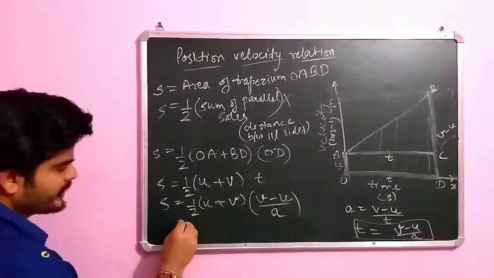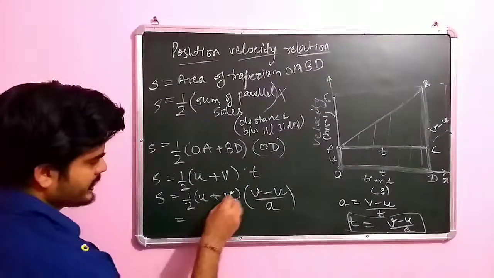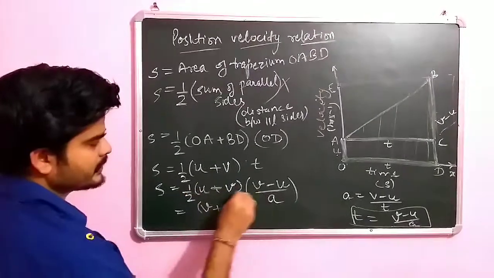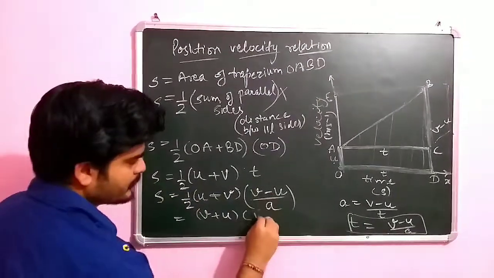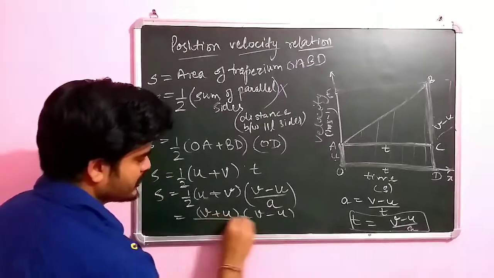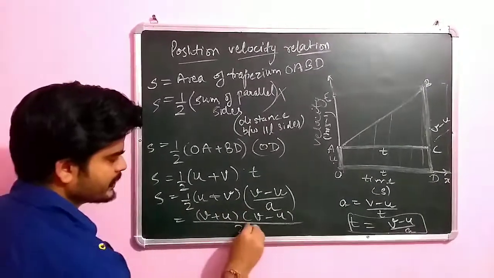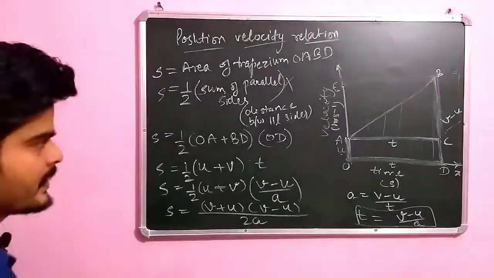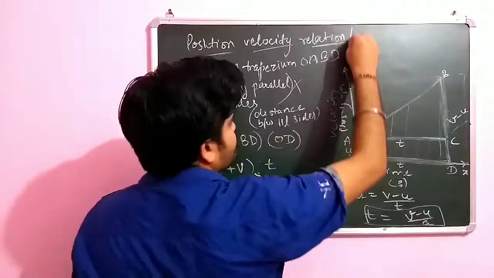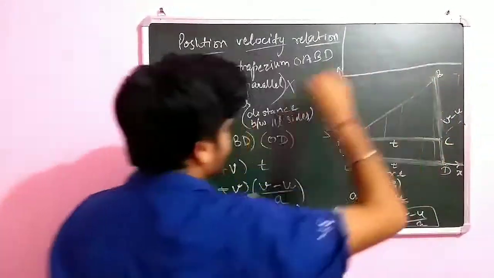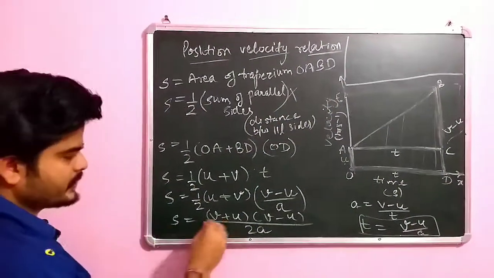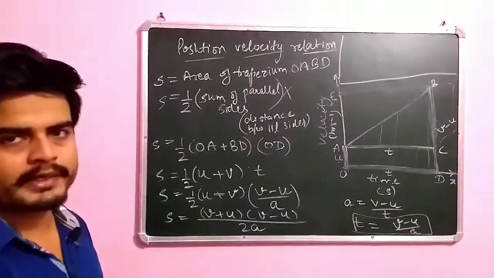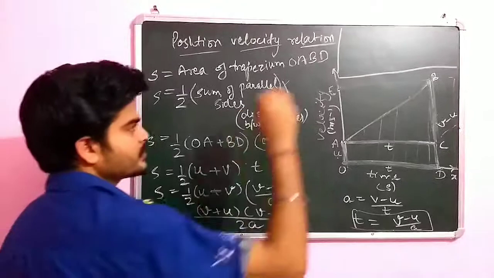After rearranging this expression, I can write V plus U, all numerator, into V minus U upon 2a, equals S. As you can see students, (a plus b) into (a minus b) becomes a square minus b square.